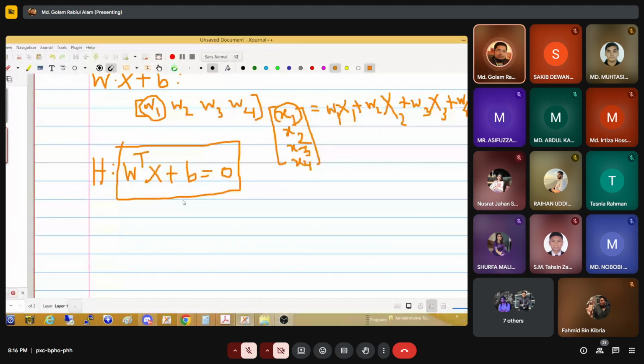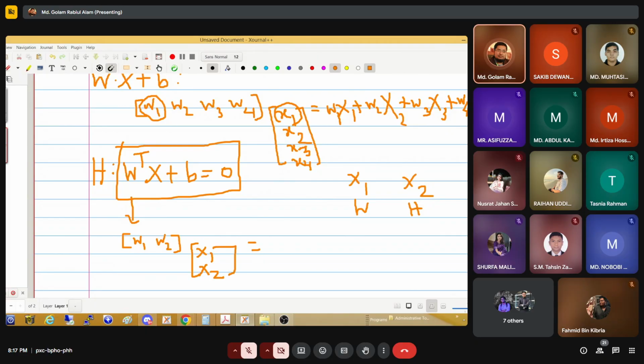Even if we consider two-dimensional data, it means we have just x1 and x2, like the weight and the height. Still, we can find the equation for that. It will be W transpose X. So we will have w1 and w2, and after transpose, we get this row vector. And then X has two dimensions only, x1 and x2.